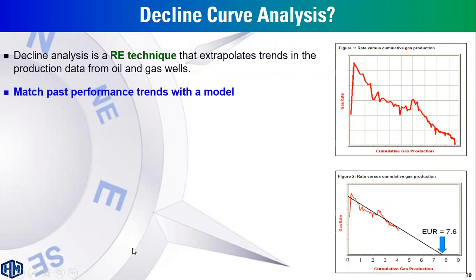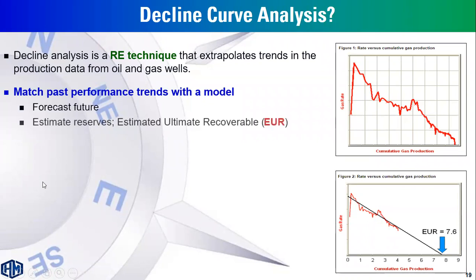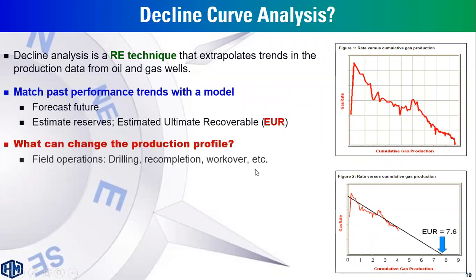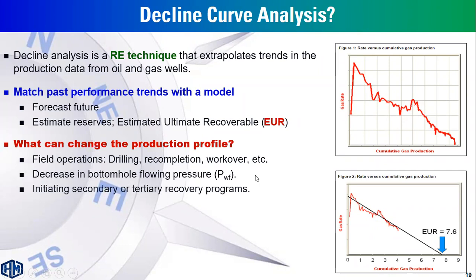So we will match the past performance using a specific model, and forecast the future and estimate the EUR. But we have several factors that control the decline rate, like field operations, increase in bottomhole pressure in case of water injection or gas injection, and so on.